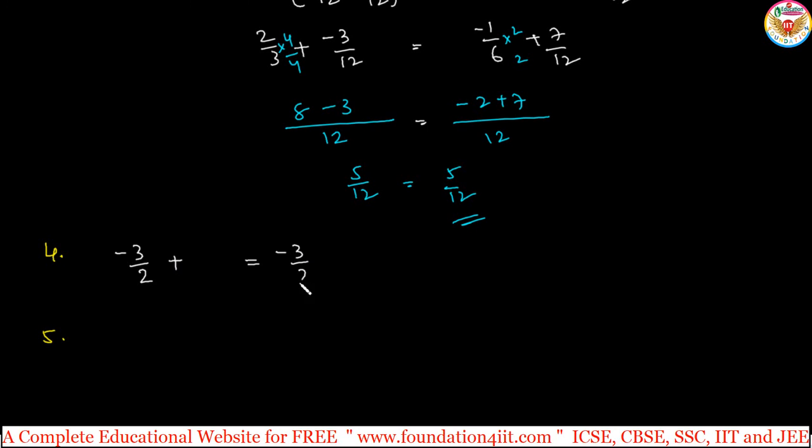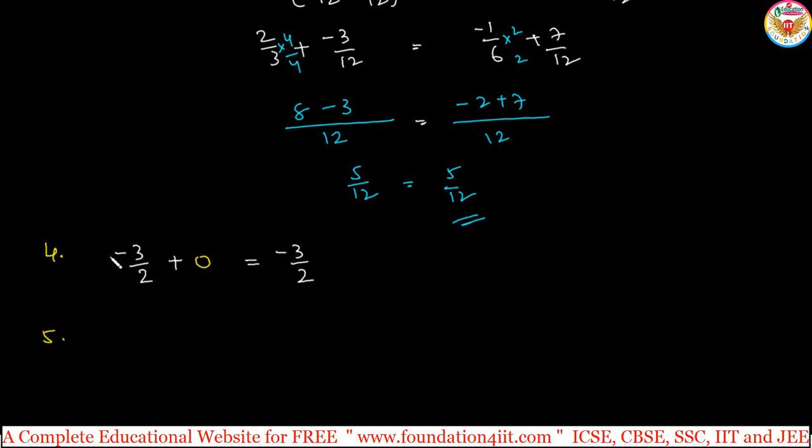That means minus 3 by 2. Obviously that is 0. So the additive identity for rational numbers is 0.